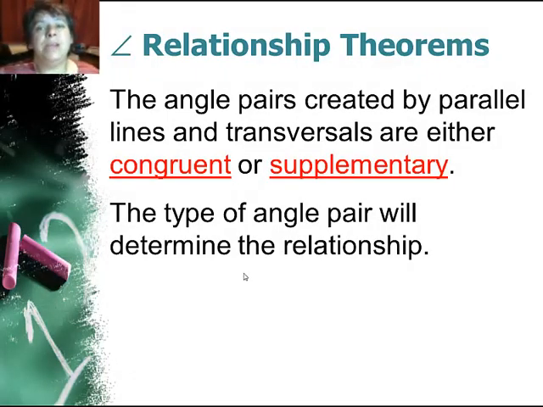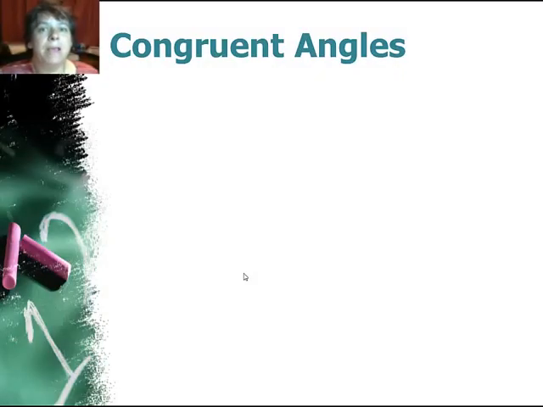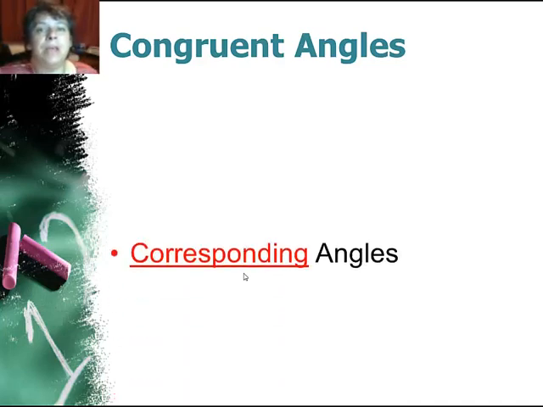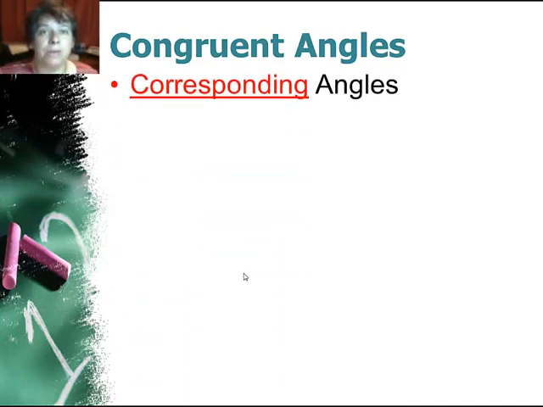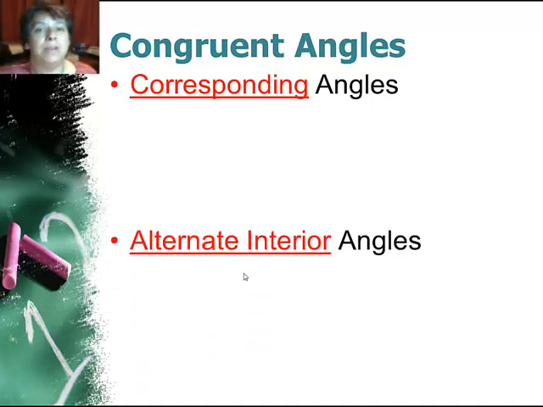So the angle relationship theorems, and they are theorems, basically say there are two types of relationships. They are either congruent or supplementary, and the type of angle pair you are looking at will determine which relationship to use. So which ones provide congruent angles? There's corresponding angles, the angles that you make as you slide across the transversal and stay on the same side of the transversal and the same side of the lines.